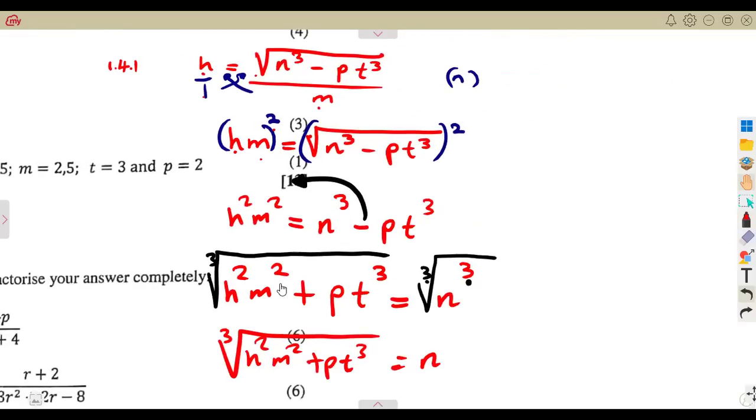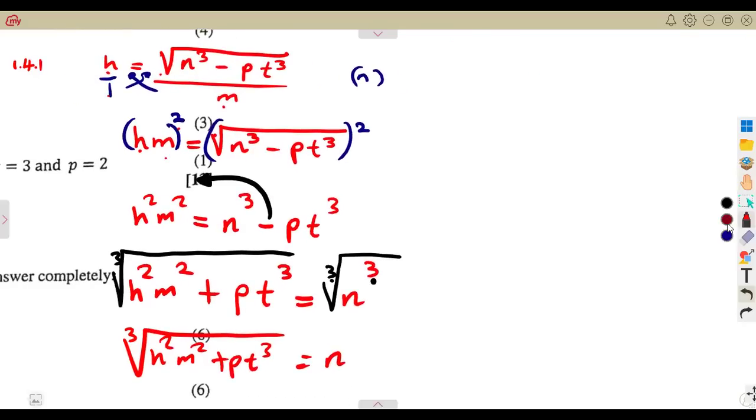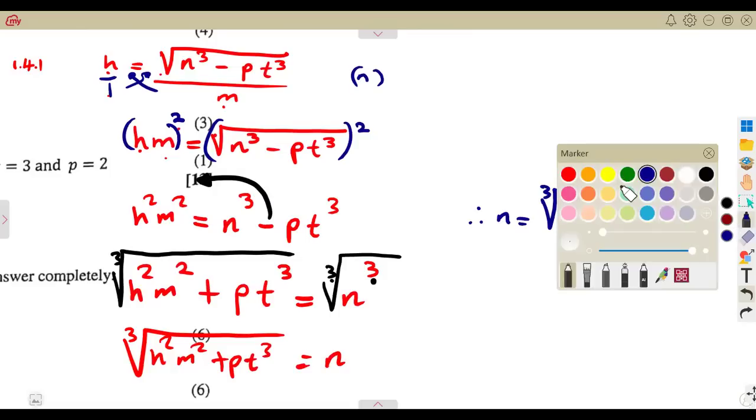So in this case, we've got n as the subject of the formula, or you can just write therefore n is equal to the cube root of h squared, m squared plus pt to the exponent of 3. Someone can also write this.